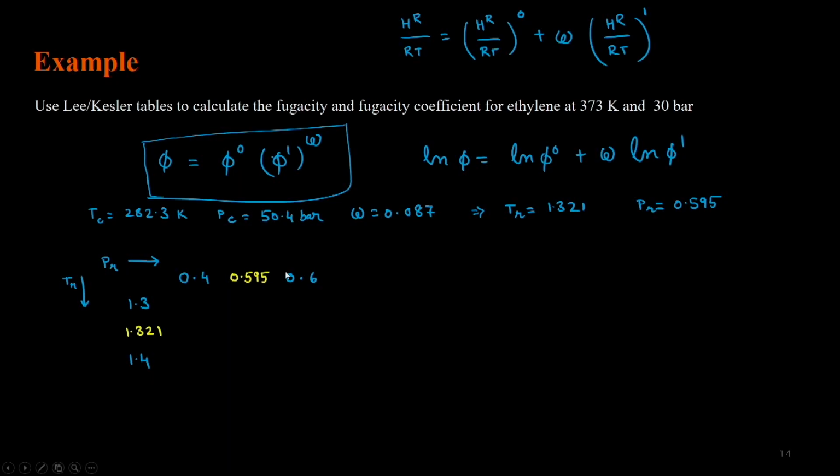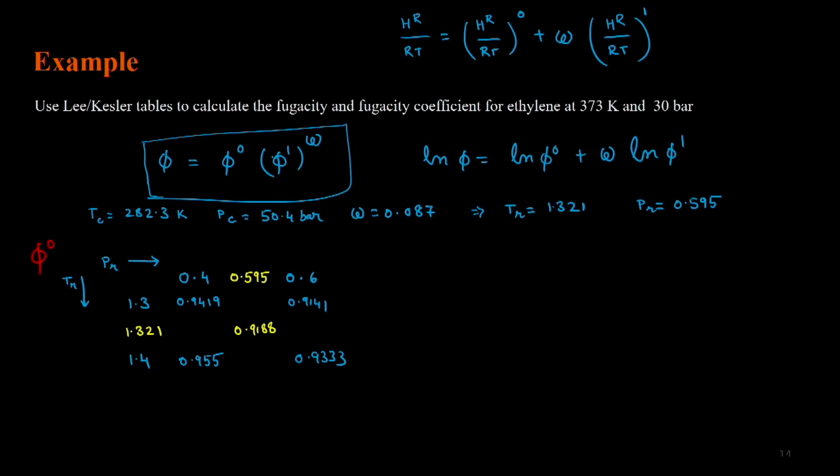So if you recall, we need to do a double linear interpolation. So first let's write what we have at the conditions listed in the table: 0.9419, 0.9141, 0.955, and 0.933. We can do a double linear interpolation and end up with a value of 0.9188. This is for the quantity phi naught. This will give us a quick estimate.